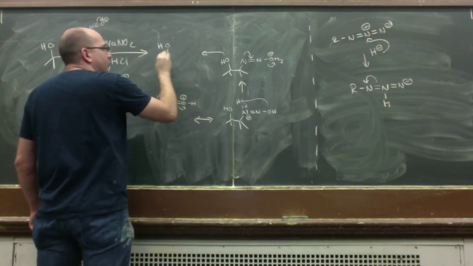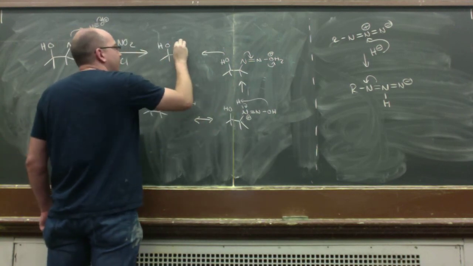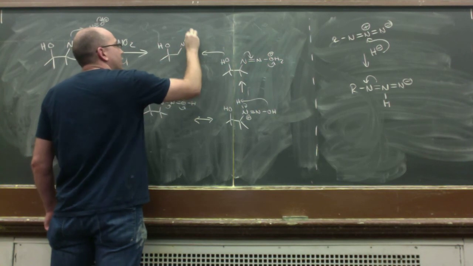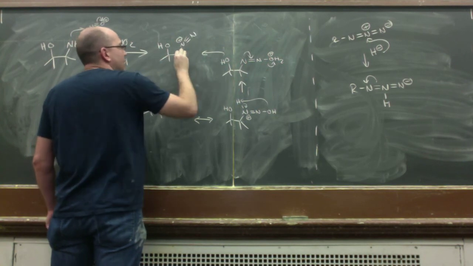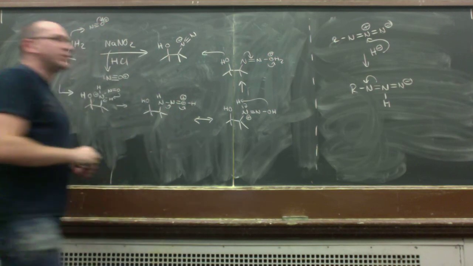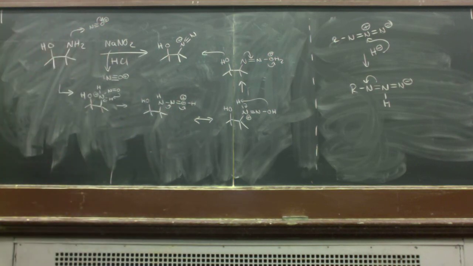And so this is the product that at the very least I would have expected you to get. But the problem was asking to take it a little bit of a step further. So this would be that first mechanism of forming the diazonium.